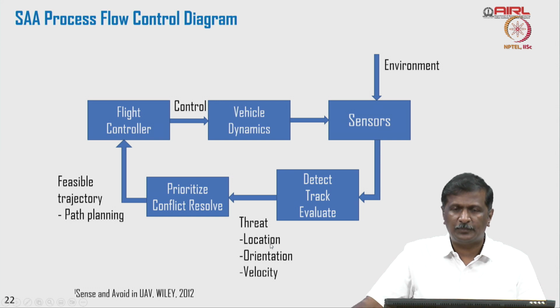Location of the threat, orientation of the threat, velocity of the threat. In addition to location, velocity and orientation, I need the geometry of the threat. I pass this information to the next block, the avoidance block, which prioritizes the threat and resolves the conflict. When I say it resolves the conflict, it generates a feasible trajectory. Basically a local path planning will take place. That local path will be sent to your flight controller.